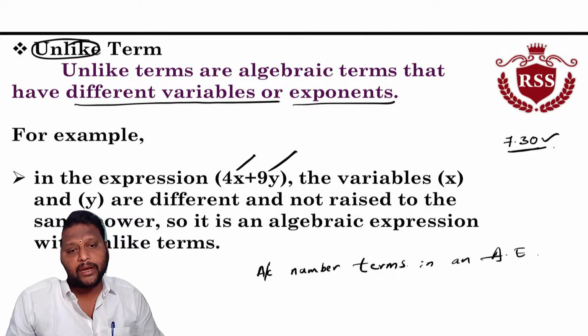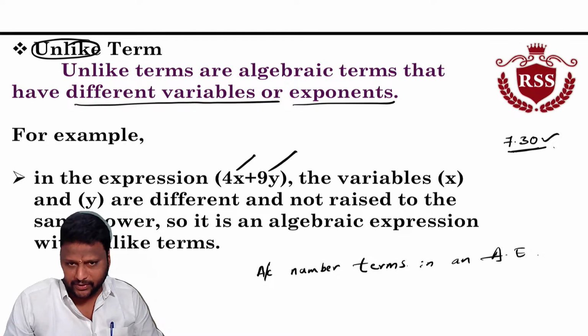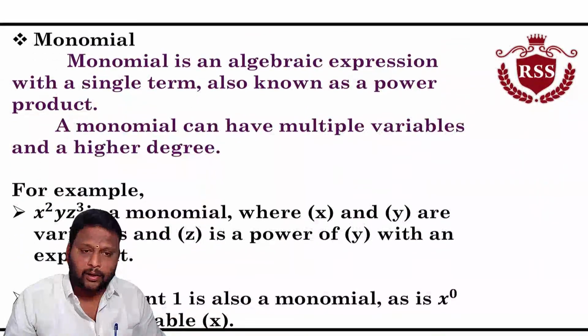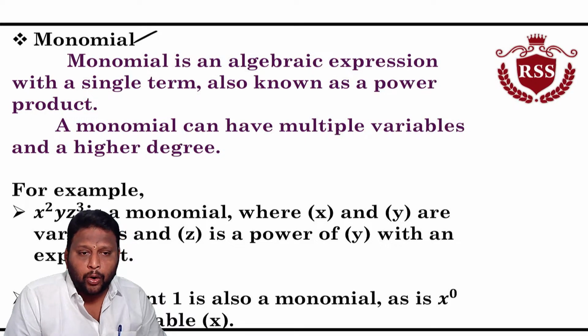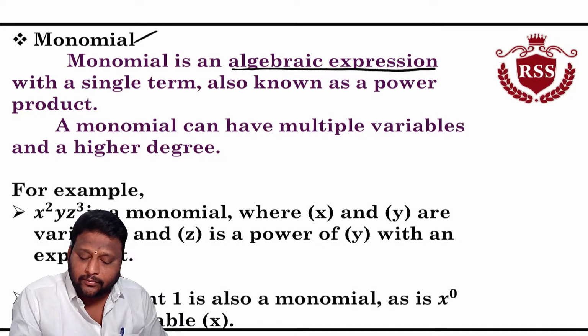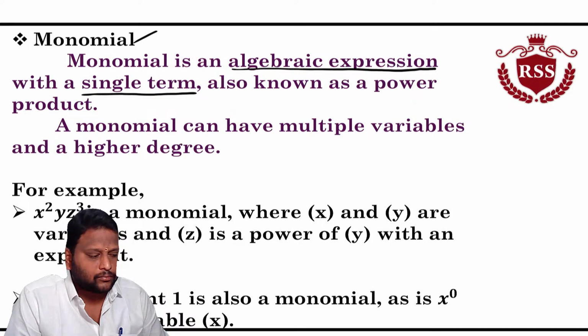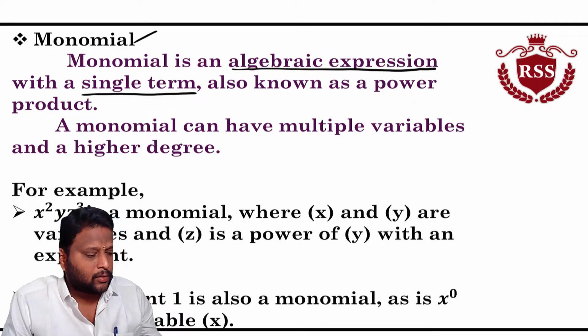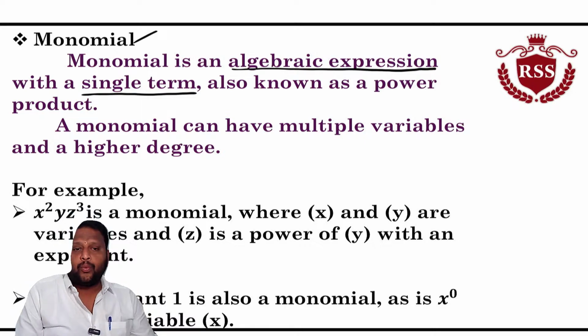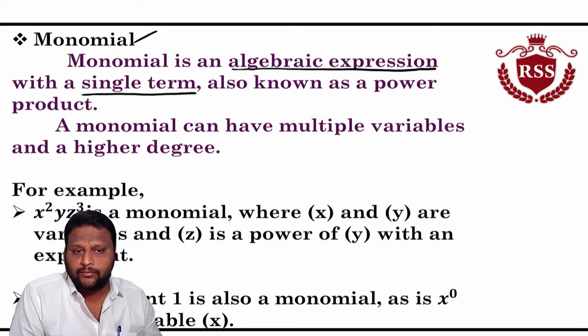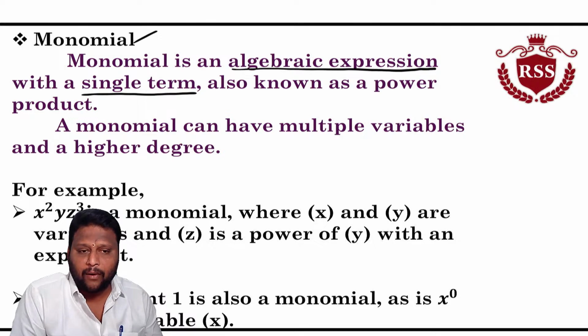Algebraic expressions are divided into so many types. In that, monomial. Monomial is an algebraic expression with a single term, also known as a power product.